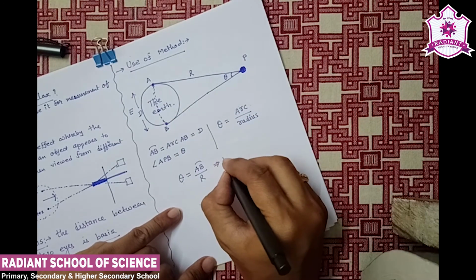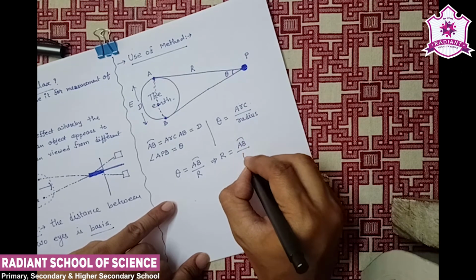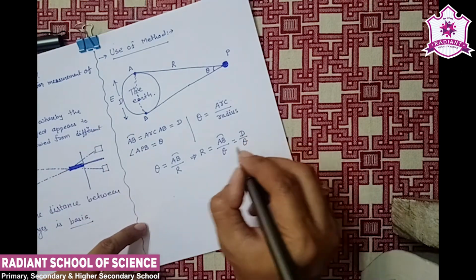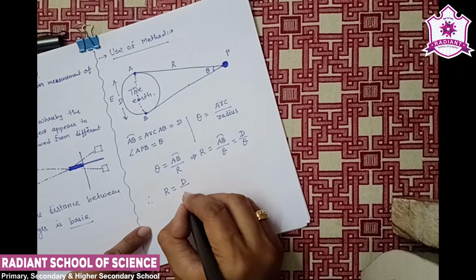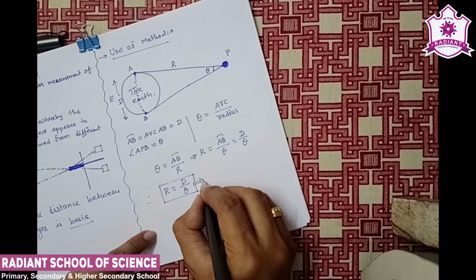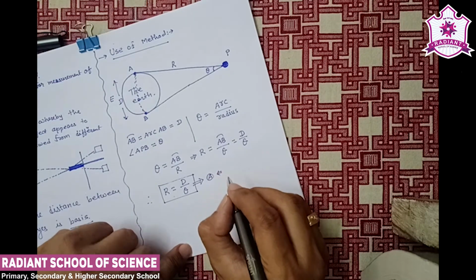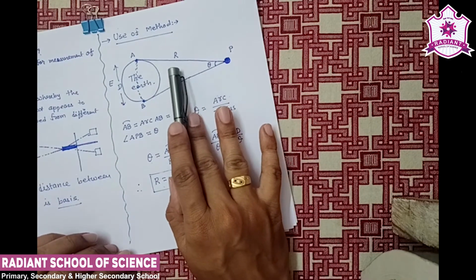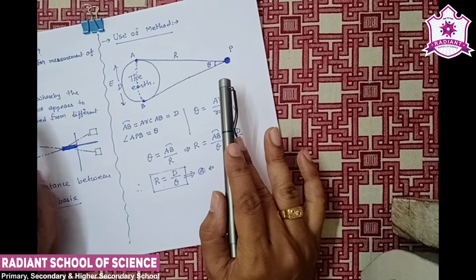So r is equal to arc AB upon theta. Now arc AB is given the name D, so r is found to be D upon theta, and that is the distance between the earth and the planet. So this is called the method of parallax that we have used to measure the distance between earth and the planet, which will have a large distance between them.